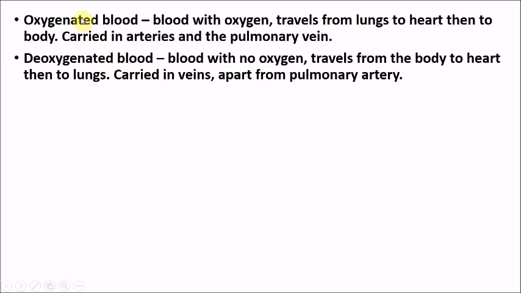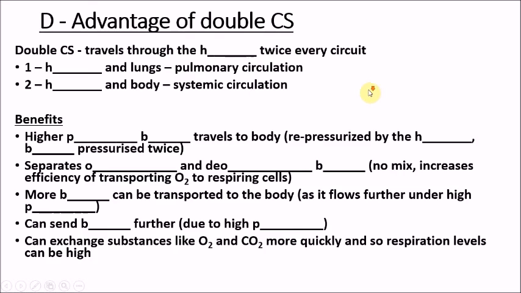So the rule is oxygenated for arteries and deoxygenated for veins, apart from the pulmonary vessels. That's the pulmonary vein and the pulmonary artery. They're opposites.